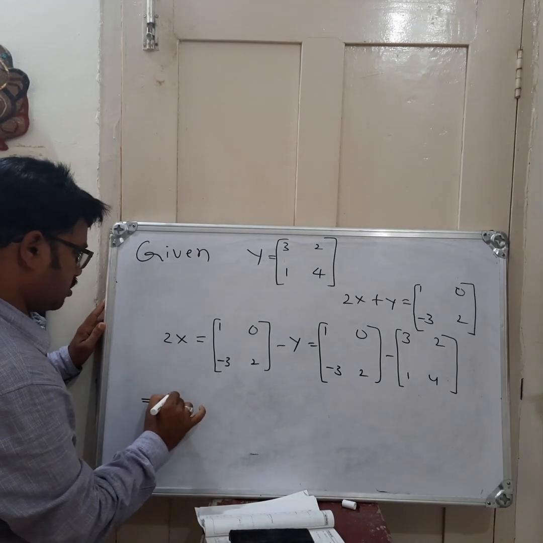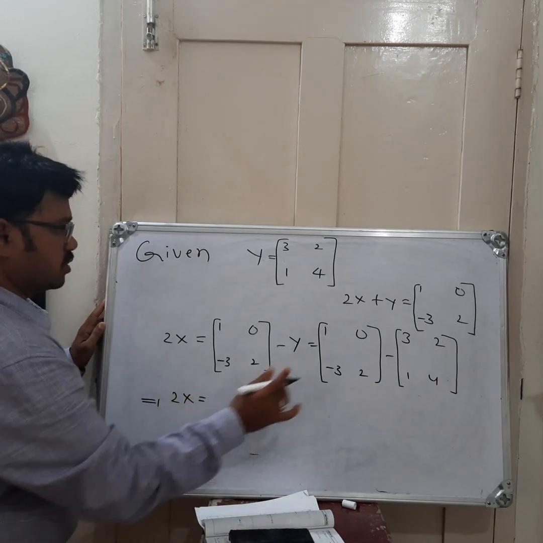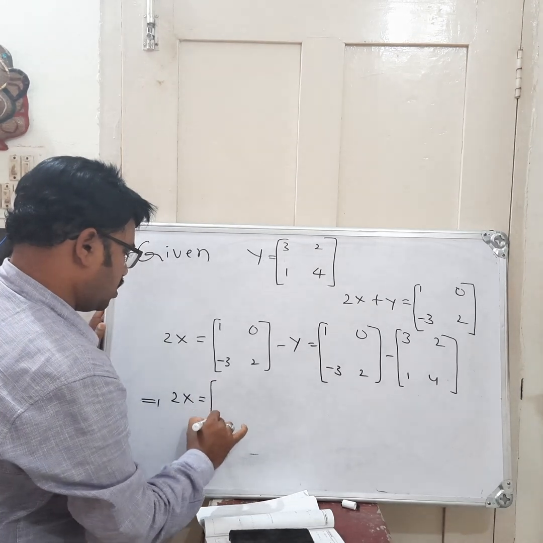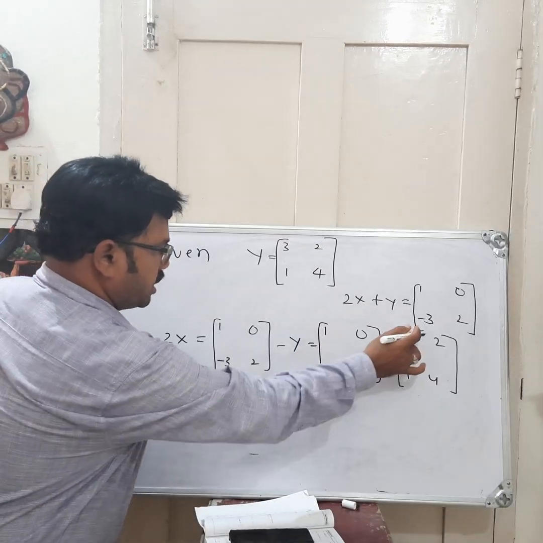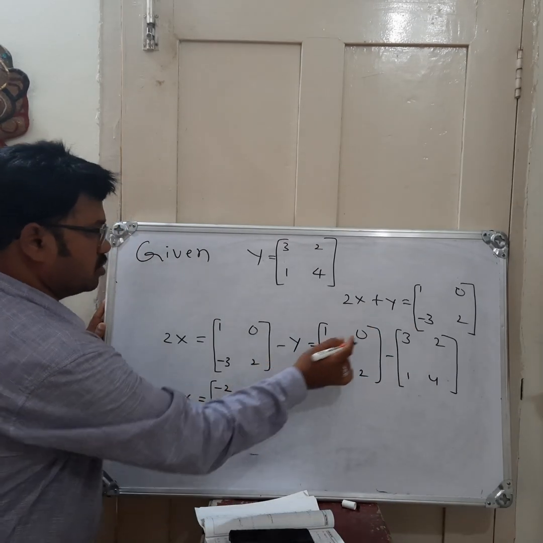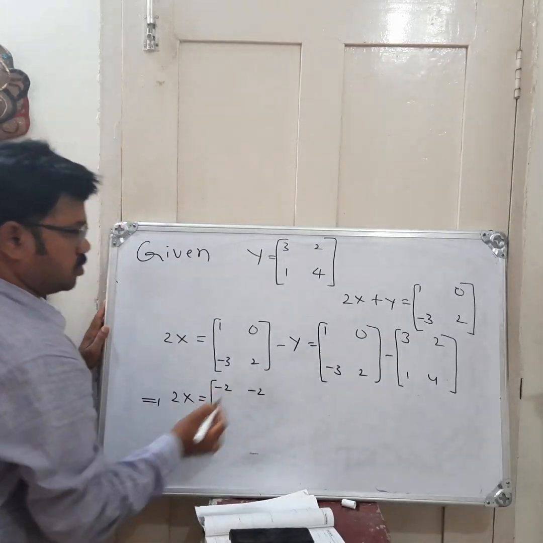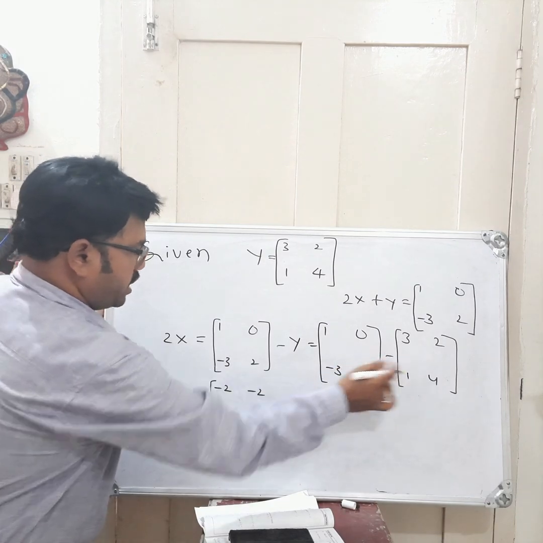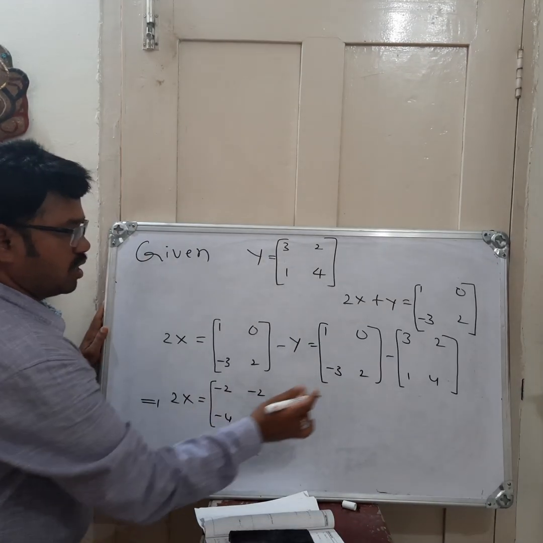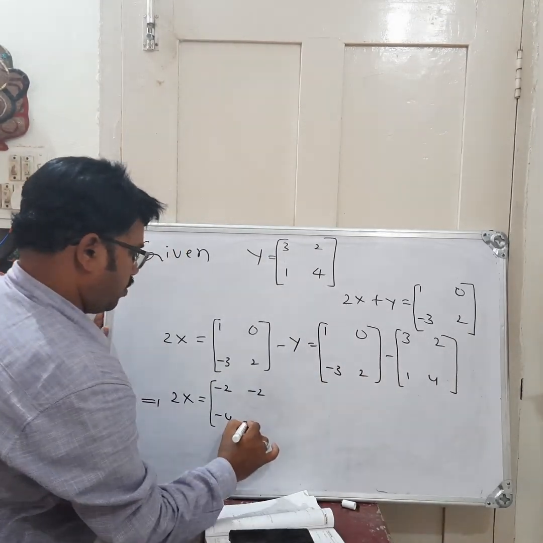That implies 2X equal to the difference of these two matrices: 1 minus 3 is minus 2, 0 minus 2 is again minus 2, minus 3 minus 1 is minus 4, and 2 minus 4 is minus 2.